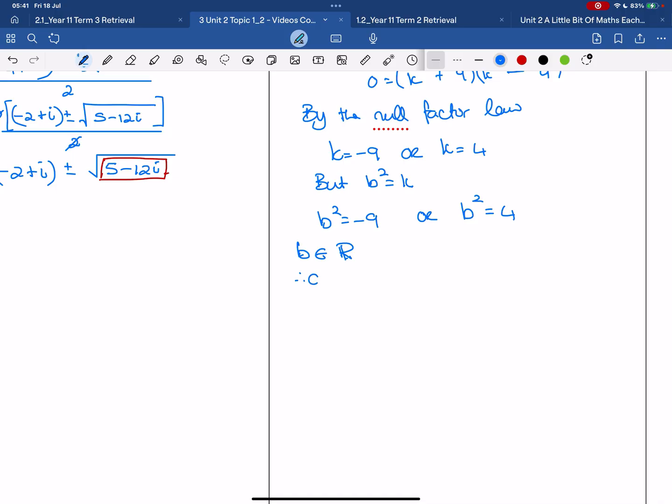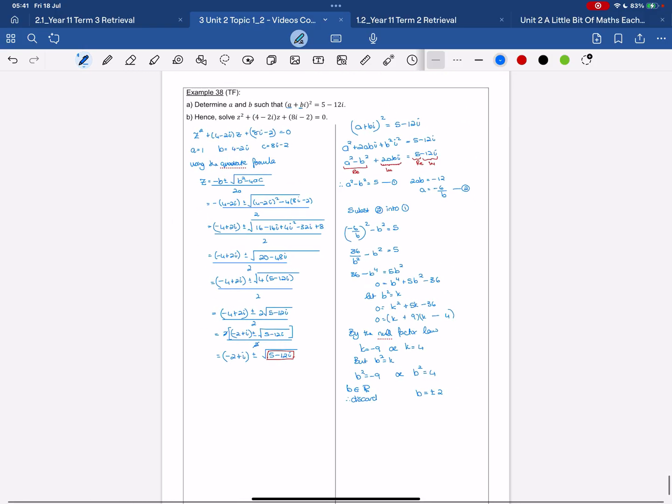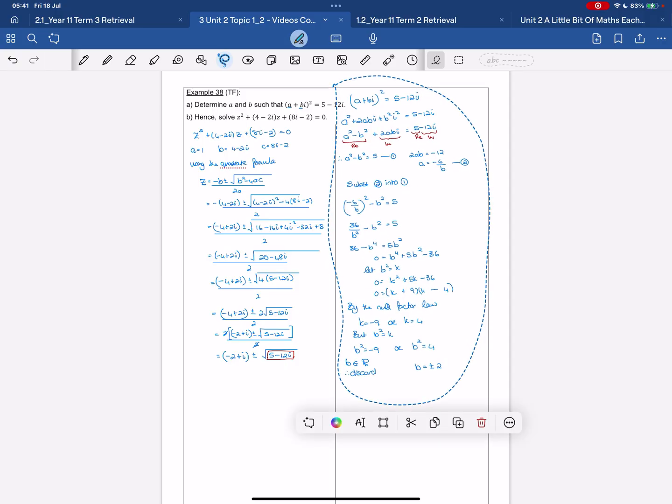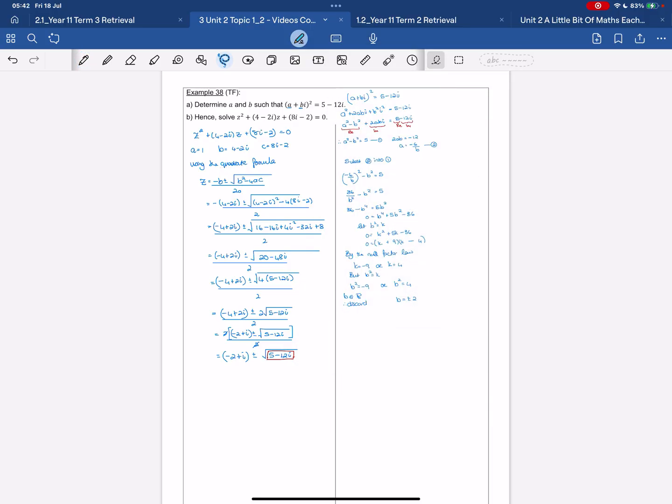So we're going to discard this side. And that leaves me with B is equal to plus or minus 2. Now I'm just going to shrink this because I've obviously written it too big to fit on this side. Move it up and we'll shrink it a little bit. All right.